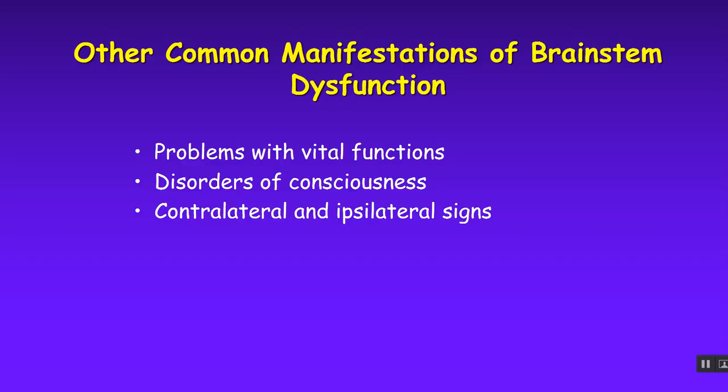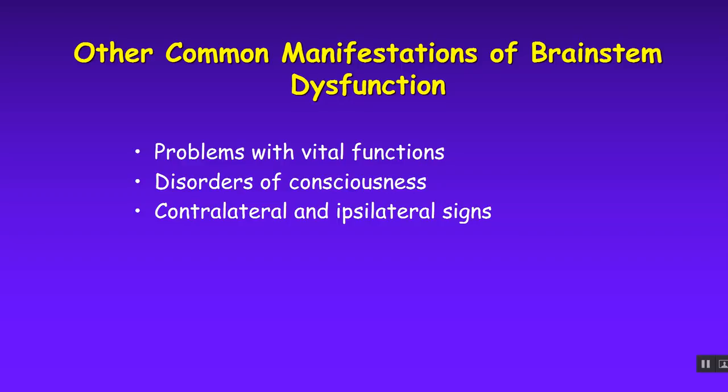You also will tend to see some of these mixed signs, okay, where if the lesion is in one side of the brainstem, they can have ipsilateral motor or sensory loss on the face and head, but then if you're impacting some of the tracts going through, contralateral loss on the opposite side of the body.